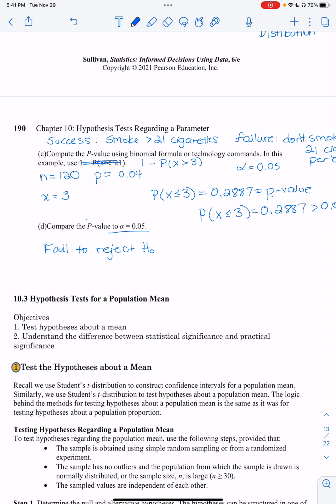There is not evidence to reject the null hypothesis.